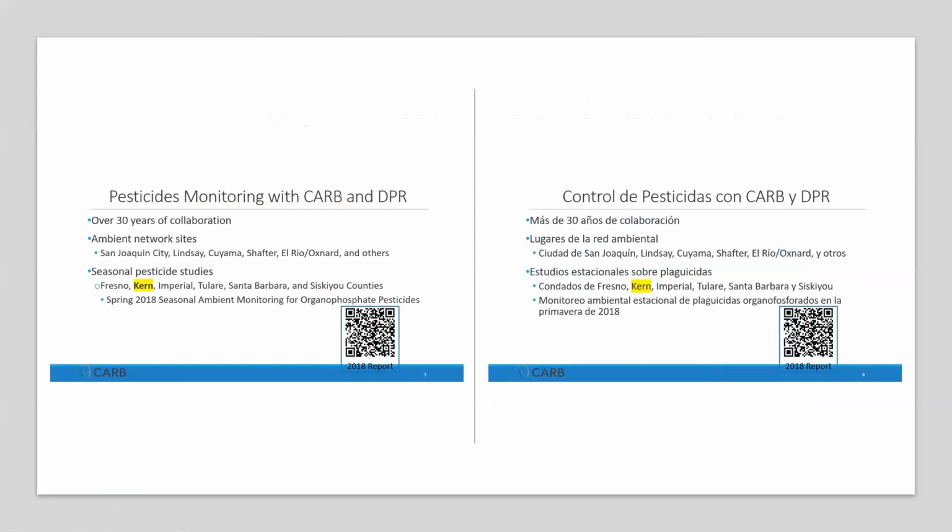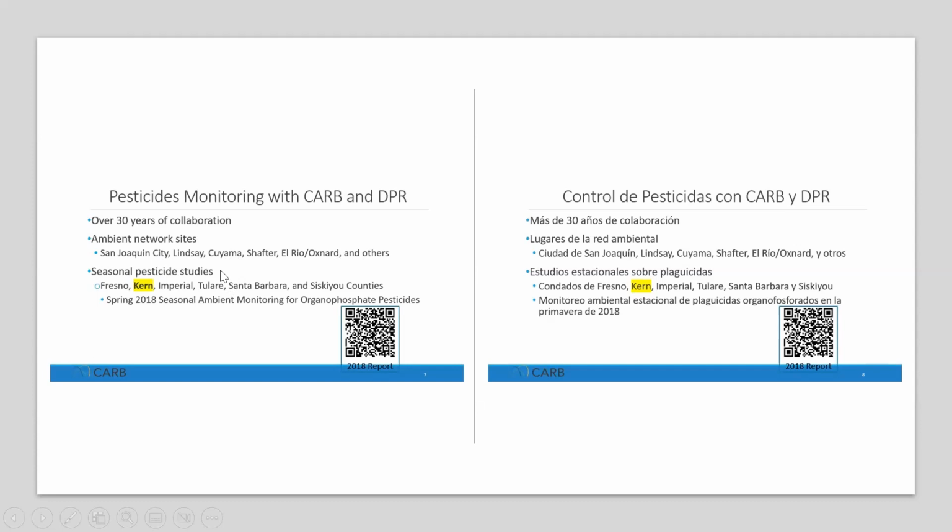Reviewing the relationship between CARB and DPR: they have been working collaboratively for over 30 years. More recently, CARB has been in a support role to operate the ambient network sites, including San Joaquin City, Lindsay, Cuyama, Shafter, Oxnard, and a few others.